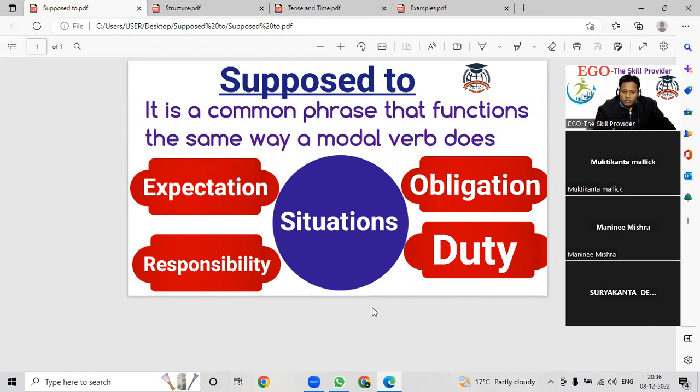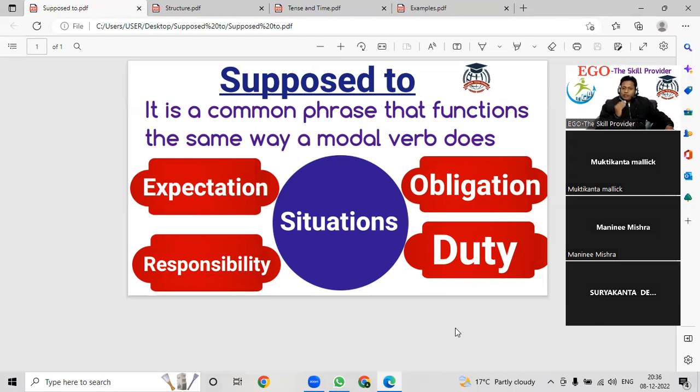Got it? So today, I'm going to tell you about a common phrase. This common phrase functions the same way a modal verb does. But why exactly do we want to use this supposed to?